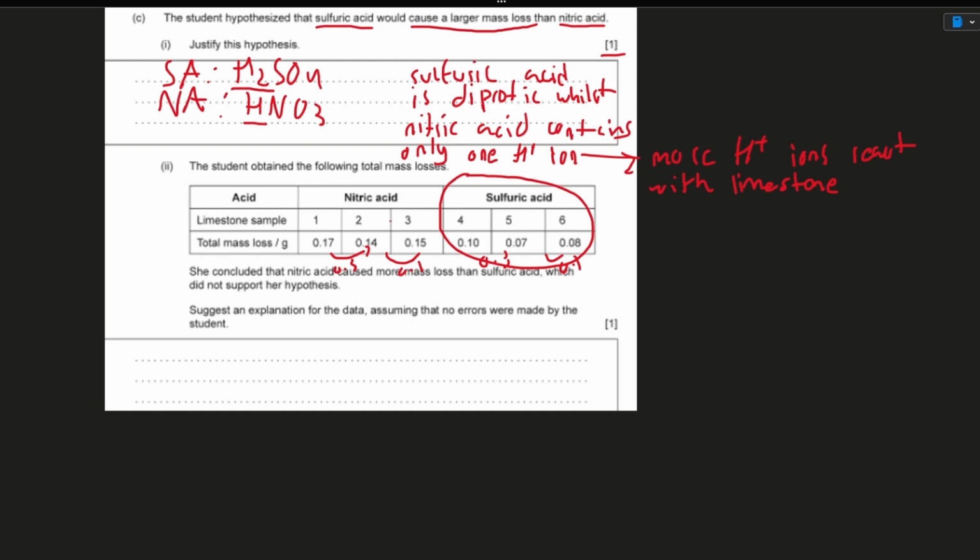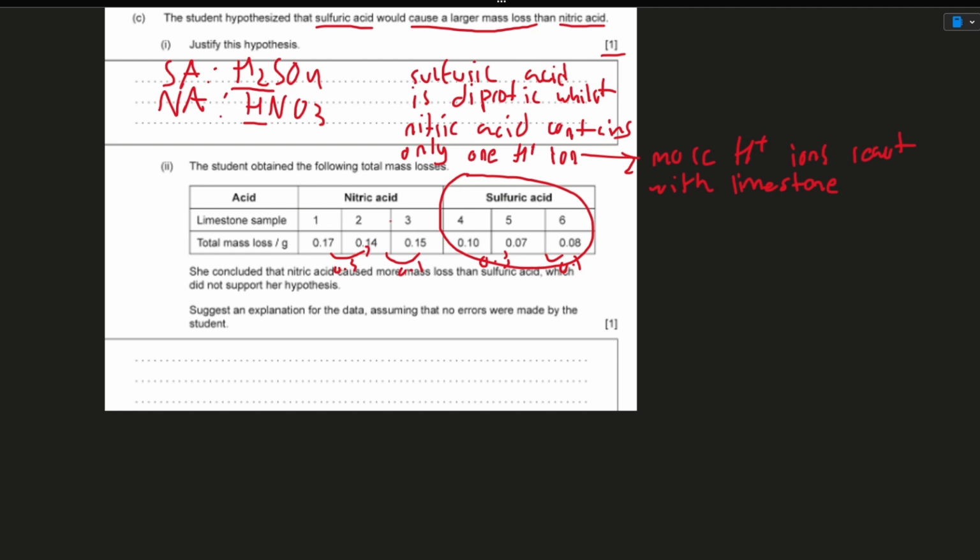Because it's reacting with sulfuric acid, it produces calcium sulfate, which remains on the limestone instead of dissolving into the beaker, which could possibly be the explanation of why she got these results.